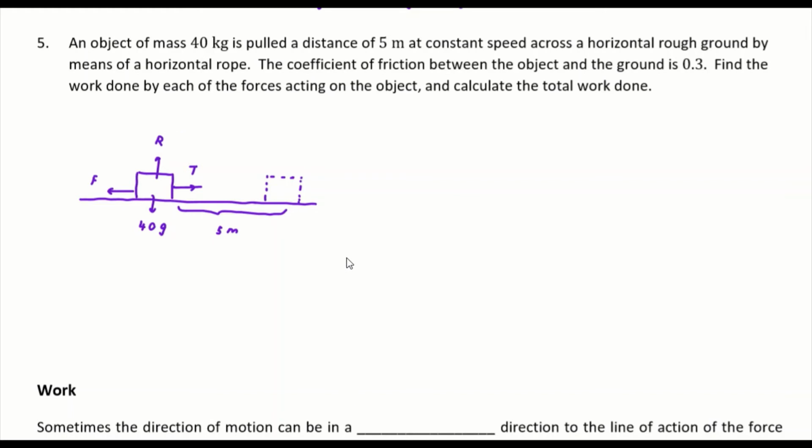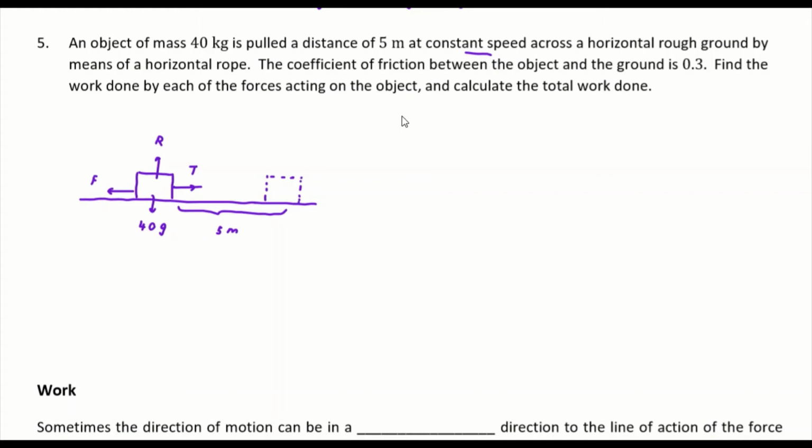Okay, so we are going to find all the stuff here. For us to solve the W, we need to have the force, right? So in this case, we might need to get our tension first. They are telling us that it's not accelerating because they are moving at a constant speed. So it's in equilibrium, so the T should equal the F here. So we might need to find our normal reaction first so that we can use F equals mu R to solve our tension.